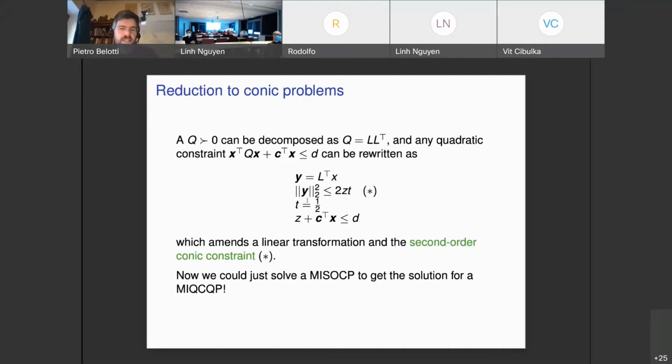But this technique basically allows us to turn a quadratic problem into a second order cone problem, and these things actually can do a lot for performance in a lot of mixed integer quadratic programming.